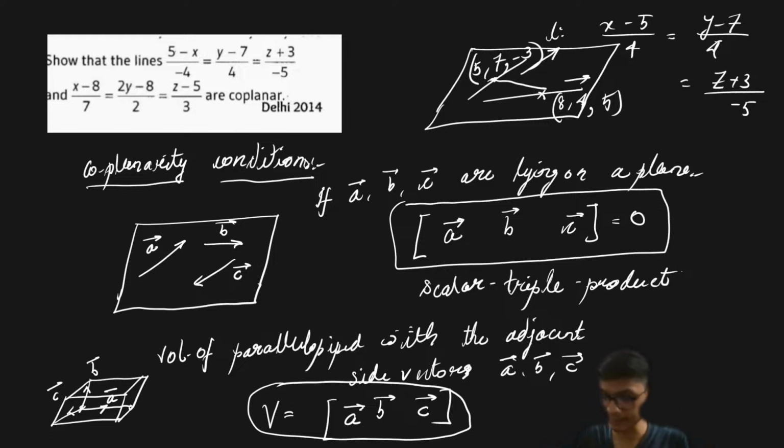I am not solving it entirely, so please solve it on your own and tell me what answer you are getting. Please let me know in the comment section if you are clear with this or not.